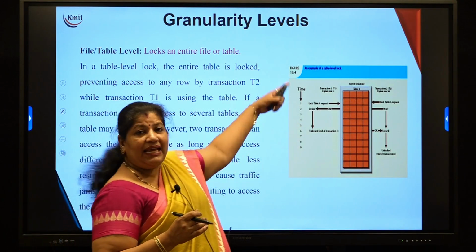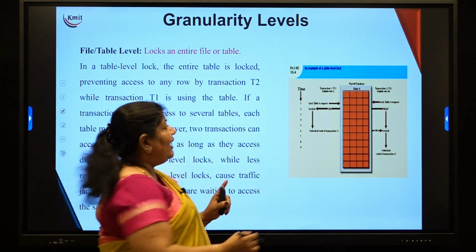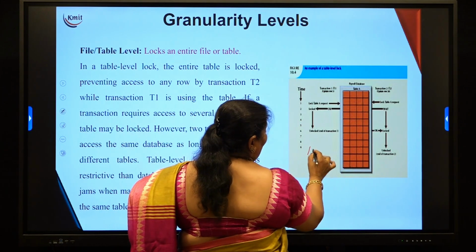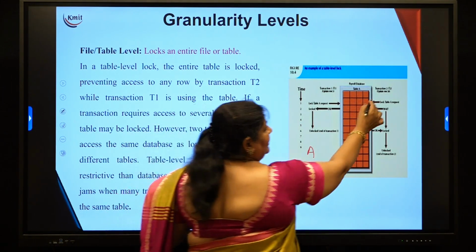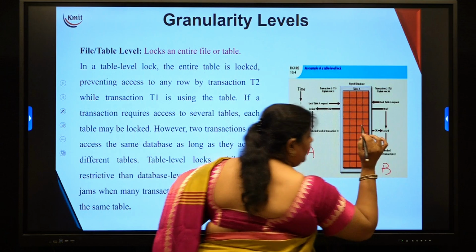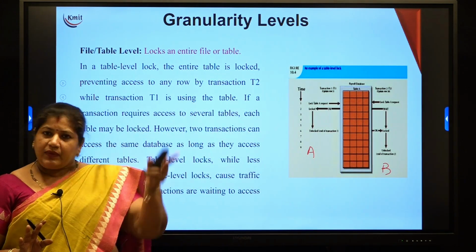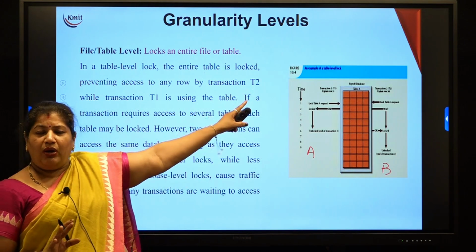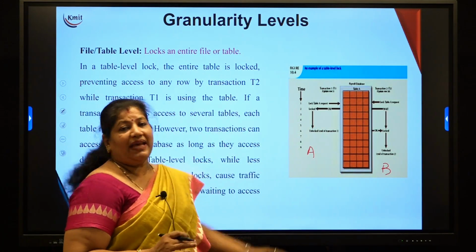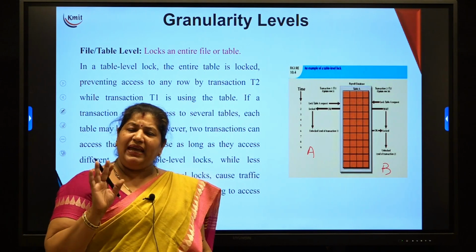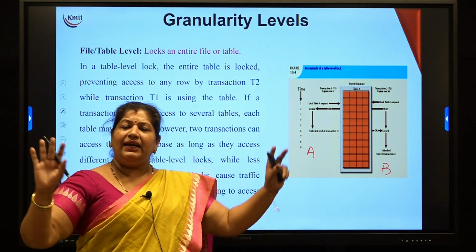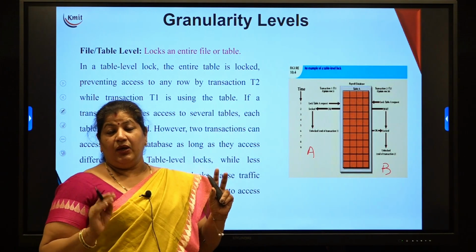Whereas, like in the earlier case, if transaction T1 wants to access table A and T2 wants to access table B, they can run simultaneously. T1 will apply the lock on table A and T2 will request the lock on table B. Both of them will be granted and they can run simultaneously.